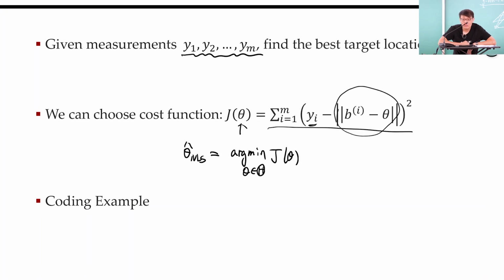Whatever that is, it requires some numerical algorithm to find it. If you want, you can take another class to learn how to write these optimization solvers, but in this class, it's fine for us to use existing ones. Coding example. Let's go back to some code.